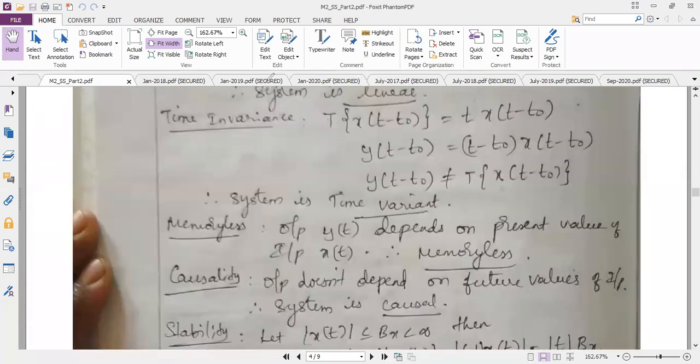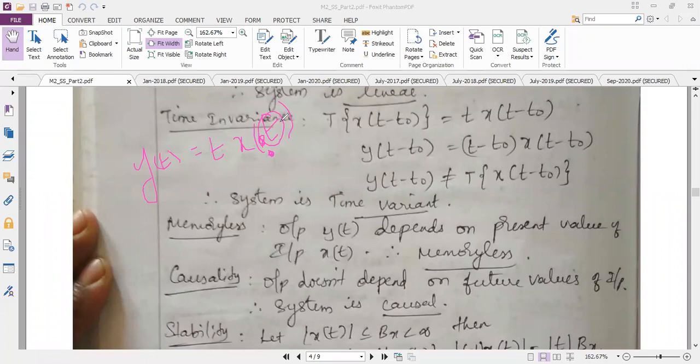So now, see in this question, y of t is equal to t into x of t. Listen, inside the bracket of x, I do not have any scaling factor. If I do not have any scaling factor, directly I have to look at it. I can say it depends only on the present.